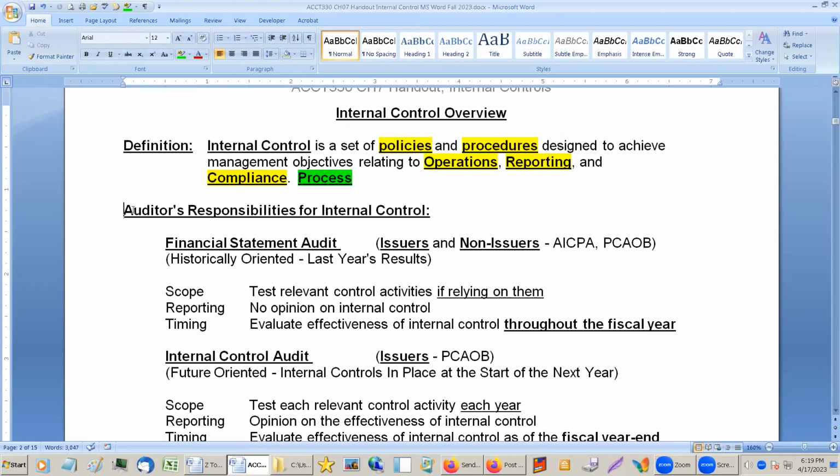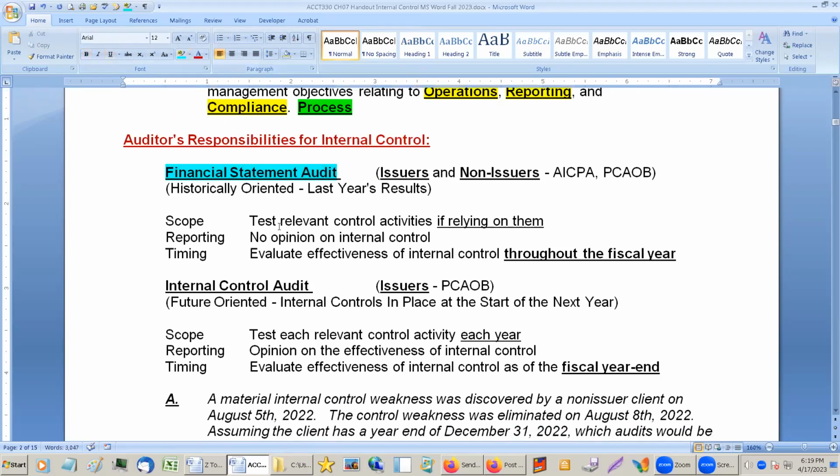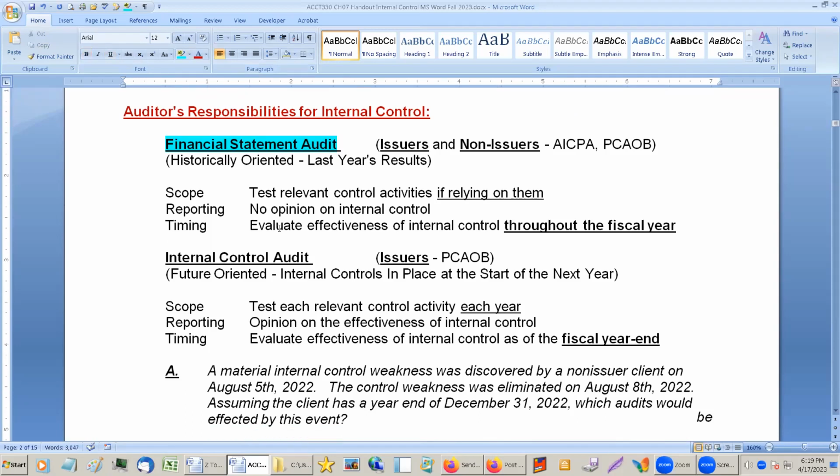Auditor responsibilities for internal control. Okay, this is sort of like, what is the external auditor? What are their responsibilities for internal control? Financial statement audit. Test relevant control activities, if you are relying on them, we talked about that. Test the controls. You only do those if you need to.